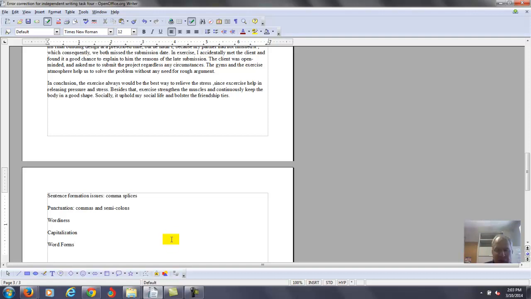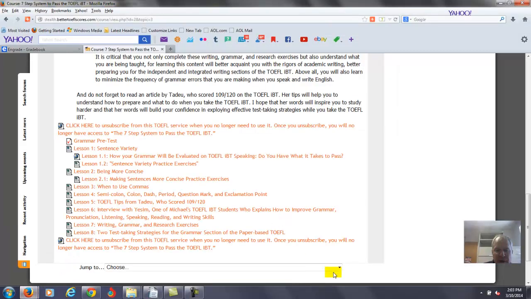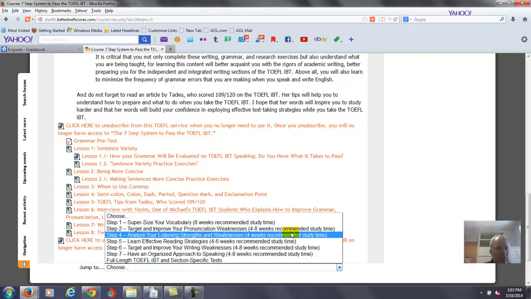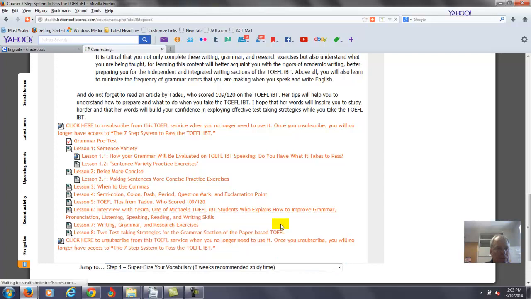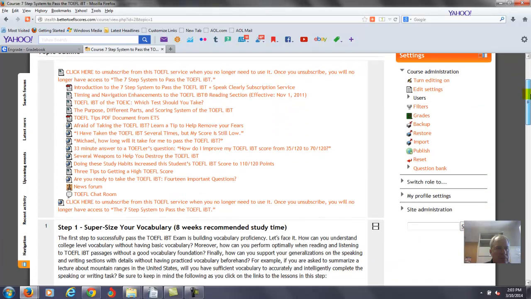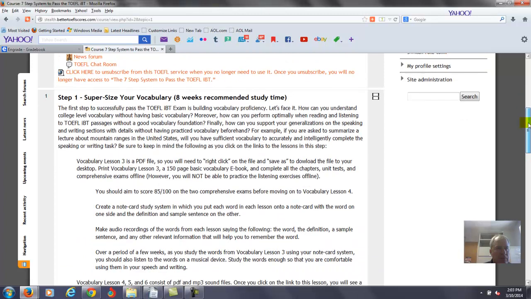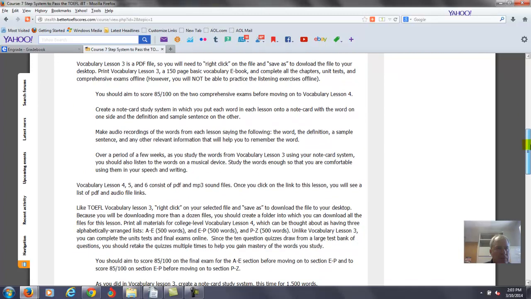Now, if we go to the vocabulary section, I'll give you some general tips of some things you can do right now. So with vocabulary, I would say take a look at vocabulary lesson number 3 where it says the ebook of 200 basic words, vocabulary lesson number 4, lesson number 5, and lesson number 6.